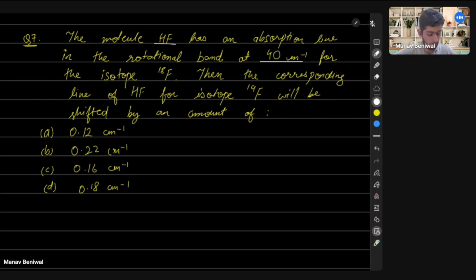So this is the absorption line in the rotational band for 18F. And now we want to find the corresponding line of HF for isotope 19F. Like by how much will it be shifted?